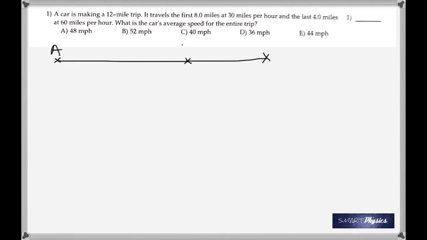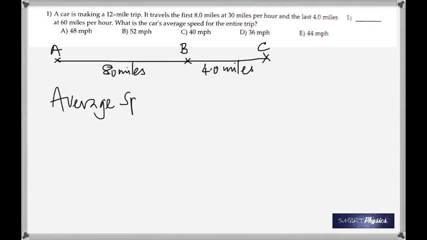So, two parts, A, B, and B, C. That's 8 miles, the other is 4 miles. Average speed is total distance by total time. And the total distance here is, of course, 12 miles.